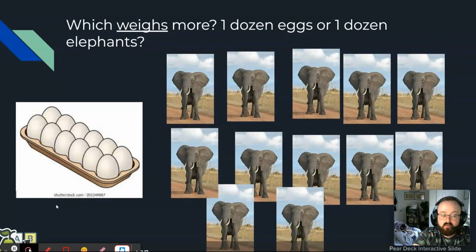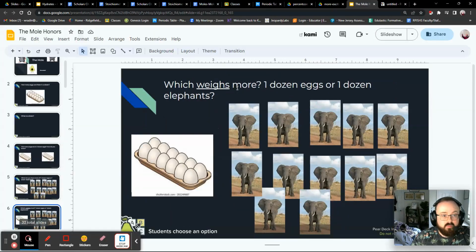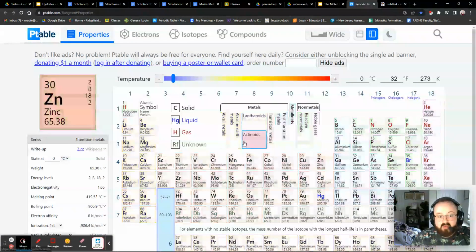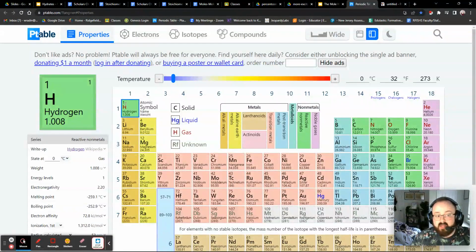We can tell that a dozen eggs weighs less than a dozen elephants because an elephant individually weighs more than an egg. And as we transition from a dozen to a mole, what's important to also know is that different atoms have different mass. Here's my hydrogen atom. If I have one hydrogen atom, it's got a mass of 1.008 daltons, it's our unit. So one atom of hydrogen has this mass.